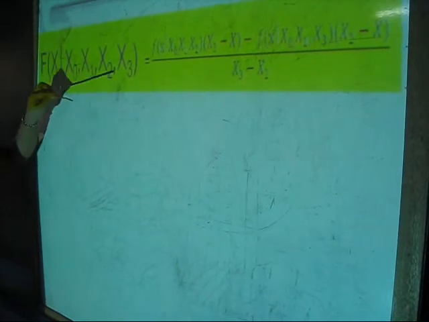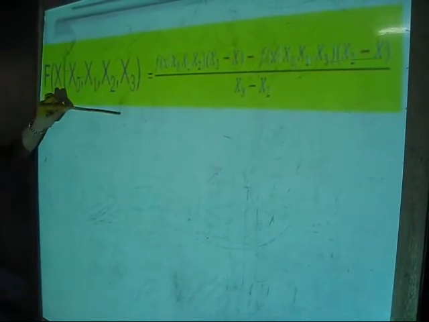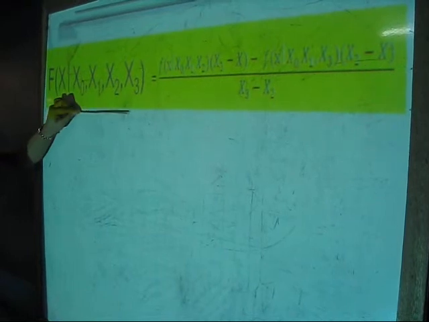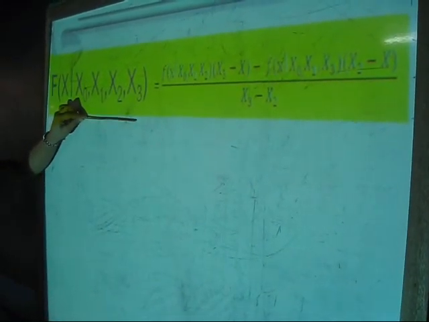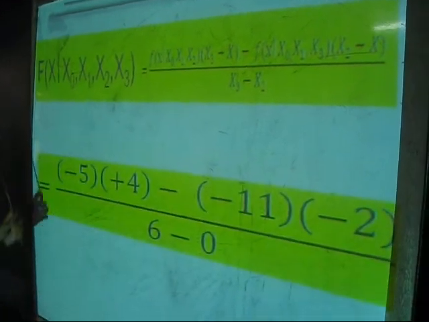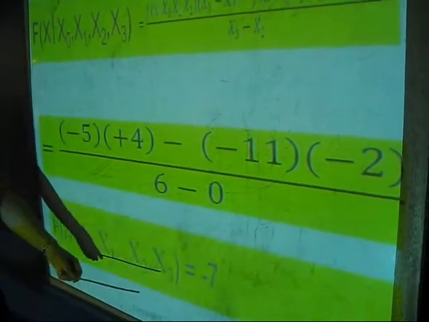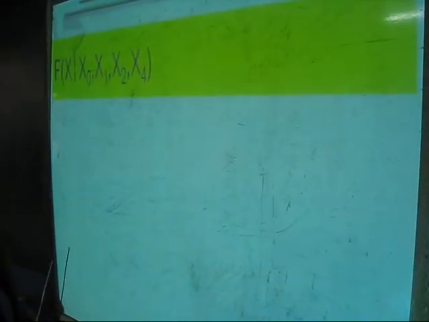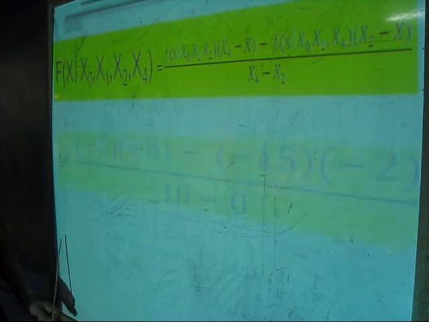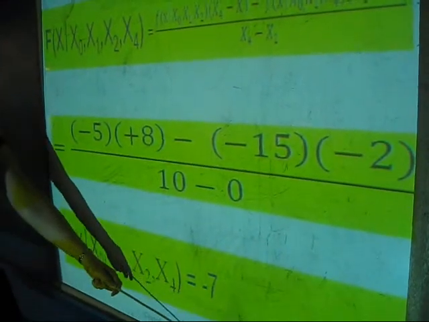And then, this is now the formula in finding the third divided cross multiplication given 4 points. So again, applying the formula, which will result to -7, and then -7.